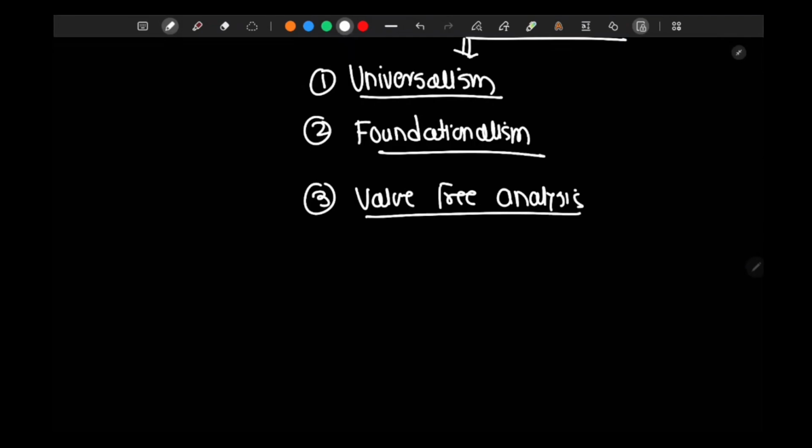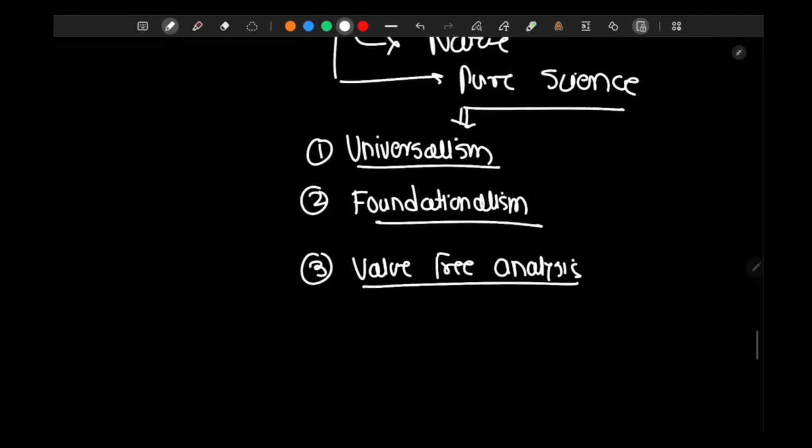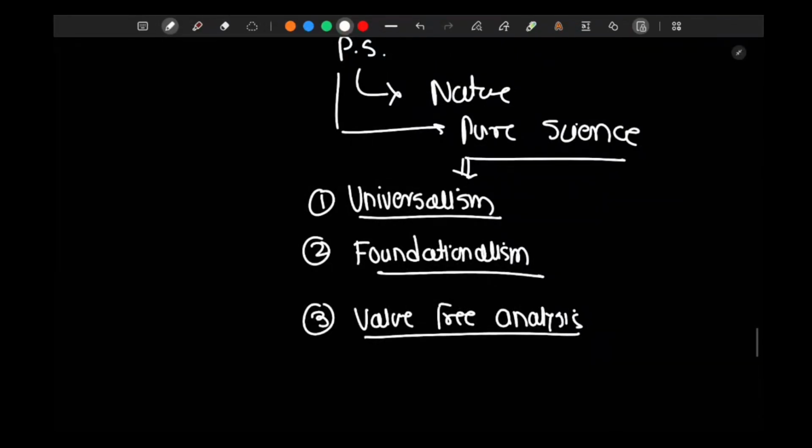We have also seen the eight intellectual foundations of behavioralism, whereby Easton gave a lecture to APSA and said that elements like regularities, value free analysis, techniques, methods, quantification, verification, and making political science a pure science is the way ahead.